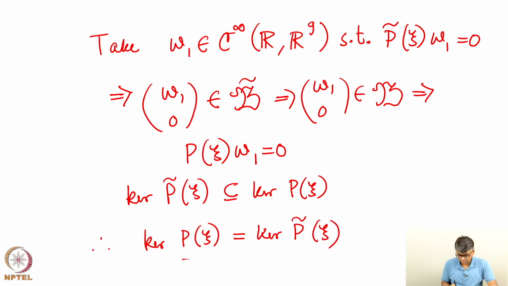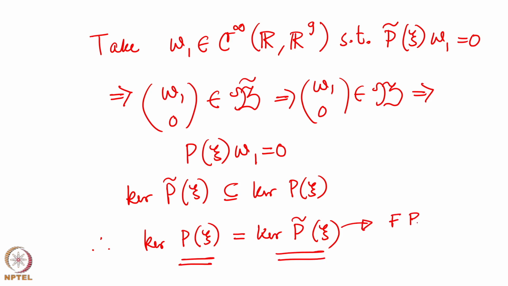But this is an autonomous behavior, which means this must also be an autonomous behavior, which means if you bring this to full row rank form, then this must have exactly the same number of rows as P, that is, G number of rows.